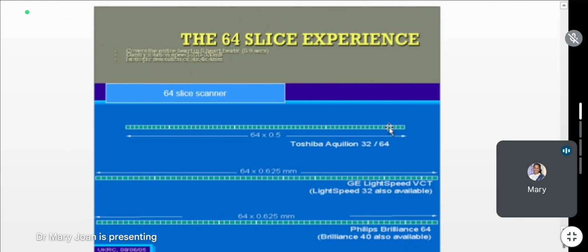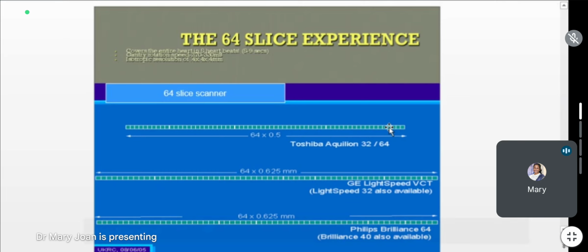A higher number of slices covered in a shorter time enables us to image organs with internal or involuntary motion, capturing the images in between the normal physiological movement.